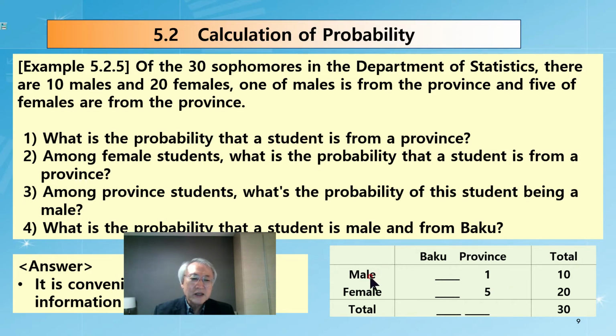There are male students, female students, and somebody is from Baku, somebody is from the province. Total number of males is 10, and total number of female students is 20. It looks like this. Therefore, you can specify all this area to be 9, 15. Therefore, this number is 6. This number is 24. Then you are done to calculate this probability.